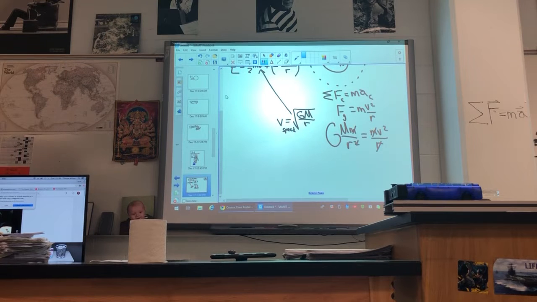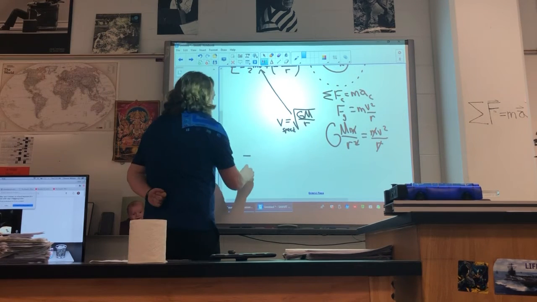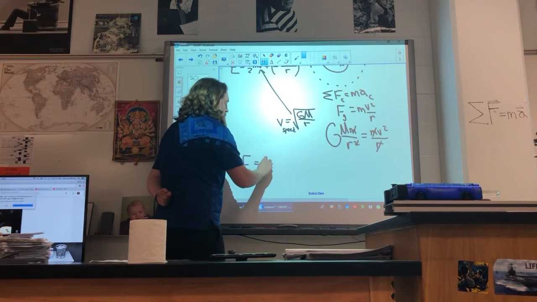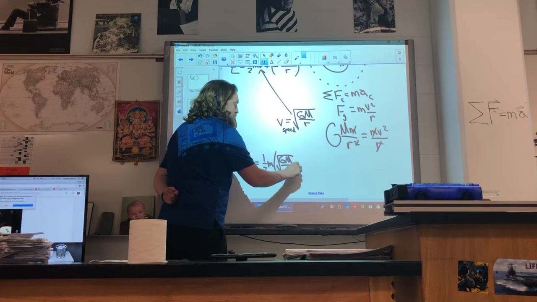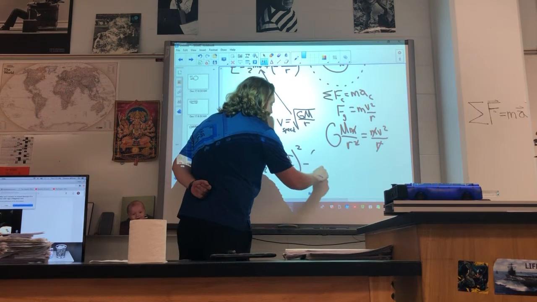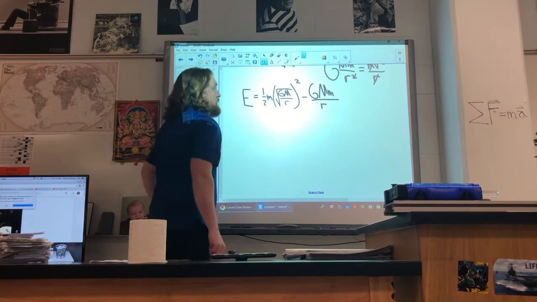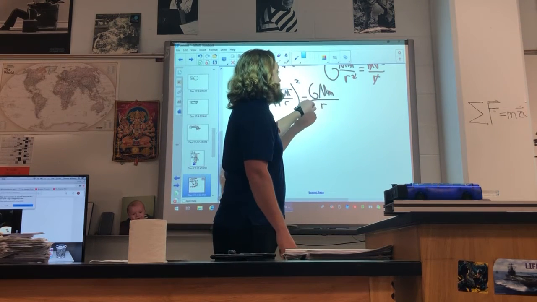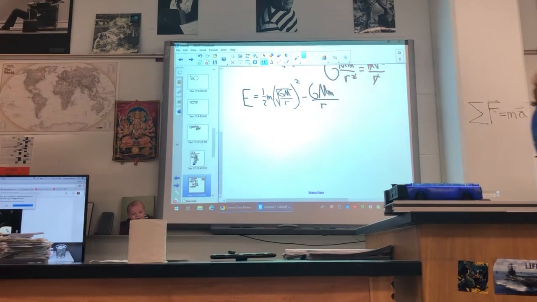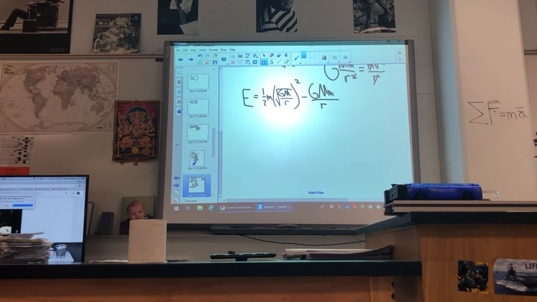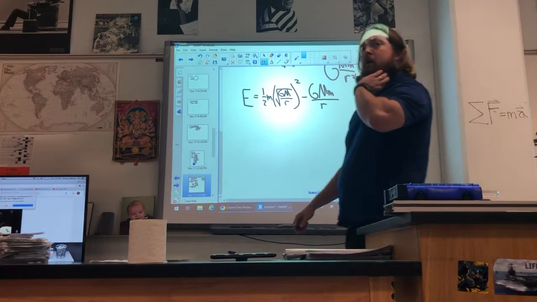So we have the total energy of an orbit: 1/2 little m times root of big G big M over R, squared, minus big G big M little m over R. In other words, that's the potential energy of gravity, which is negative. And then we've got our kinetic energy with the speed of an orbit substituted in for v. Does everybody follow me on that?